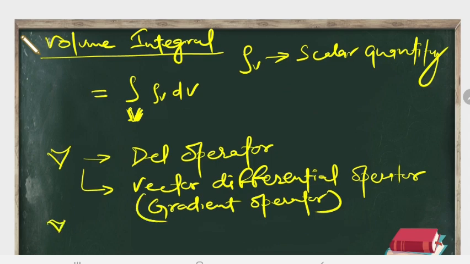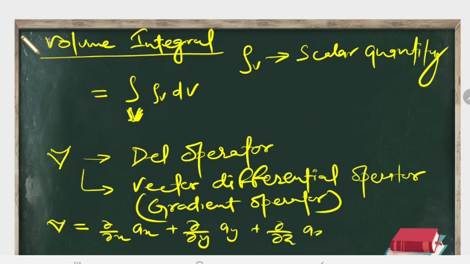This del is given as dou upon dou x a_x, in the Cartesian system, I am writing, plus dou upon dou y a_y, plus dou upon dou z a_z. Here the del operator is not a vector itself.